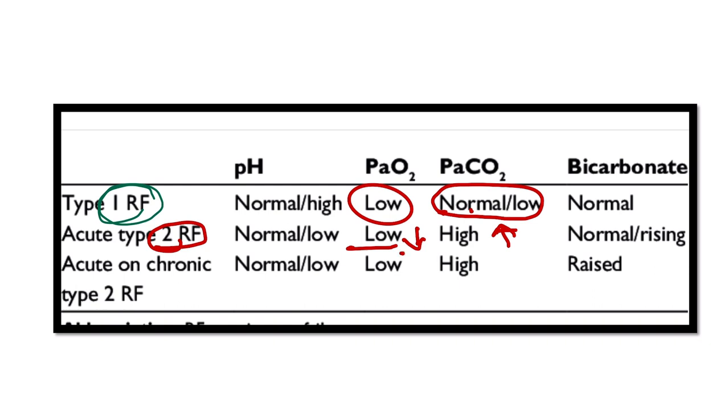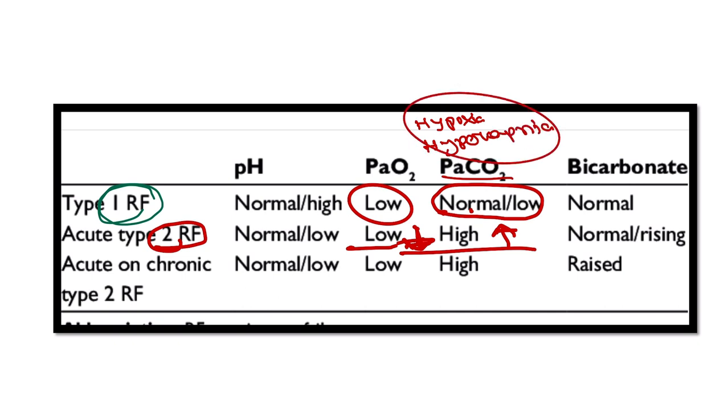So this point is very important: in type 2 there is hypoxia, oxygen level reduced, but there is increased partial pressure of carbon dioxide, that means there is hypercapnia. So when there is hypoxia and hypercapnia, it is type 2 respiratory failure.